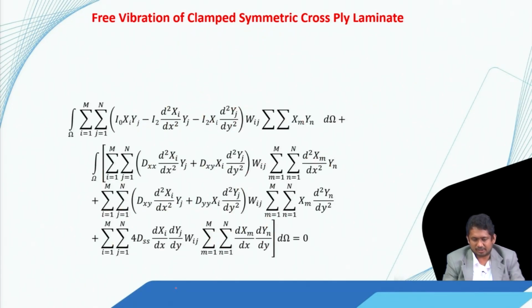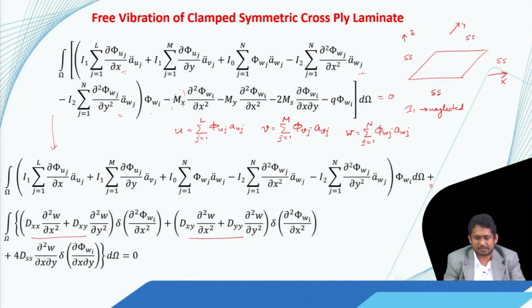Now, if we put all the approximations here, it looks like this. So, we have dropped out I_1. So, there are no terms associated with u_0 and v_0, and there should be an omega square here. If I look at this term, those two terms are not needed now.